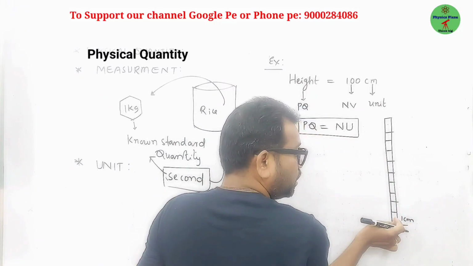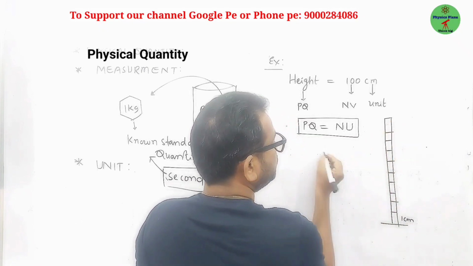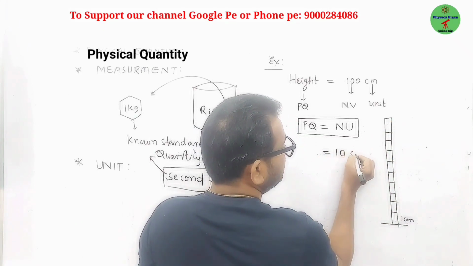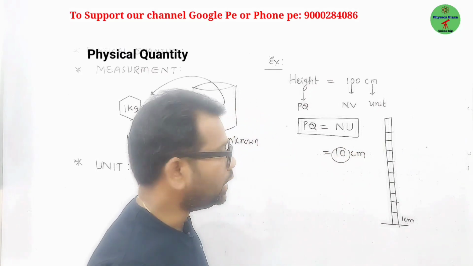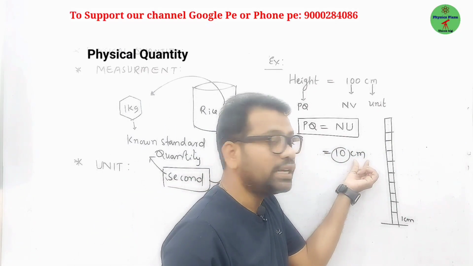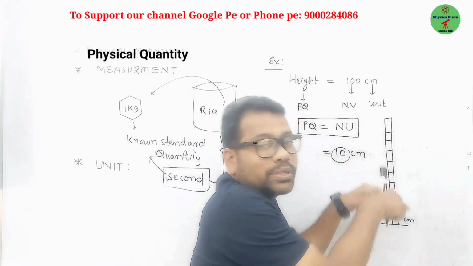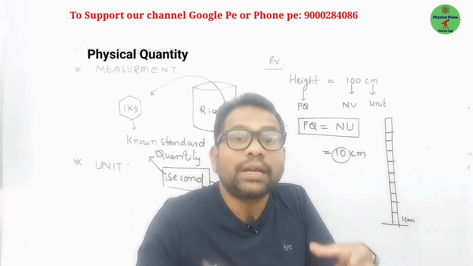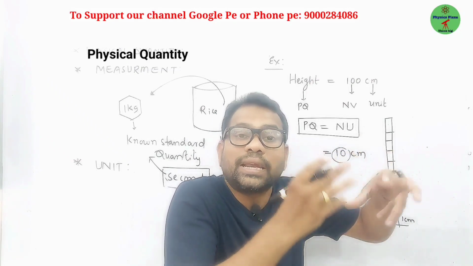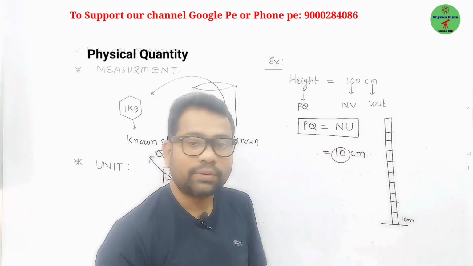So it contains how many centimeters? 1, 2, 3, 4, 5, 6, 7, 8, 9, 10. I can say it is 10 centimeters. So this numerical value tells us that the unit centimeter is contained 10 times in that particular length. That physical quantity contains centimeter 10 times. That information we get from this numerical value.